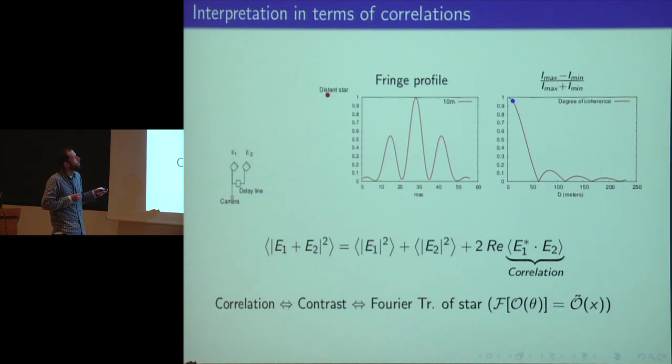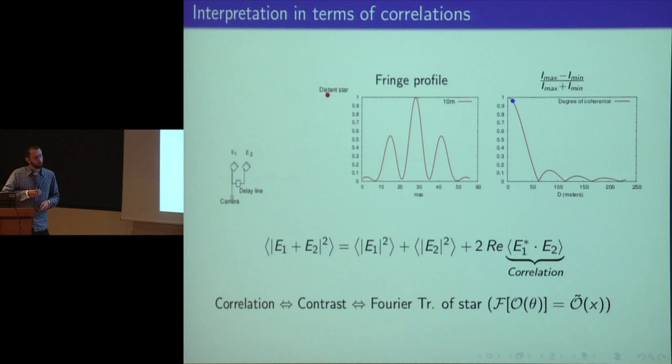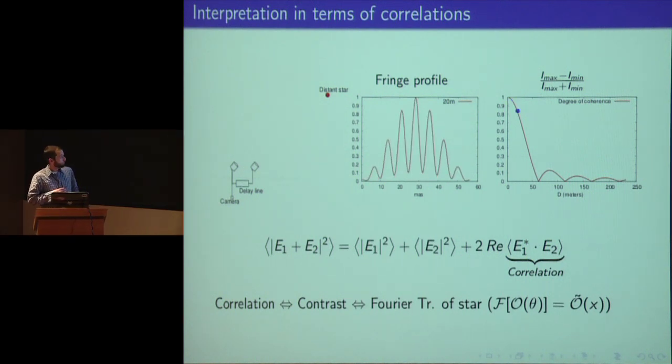So you can see that the fringe contrast here is maximal, and that is shown here in this blue dot. And as I increase the separation of the apertures, you see more fringes, but they are also less contrasted. So you see that the blue dot moved.